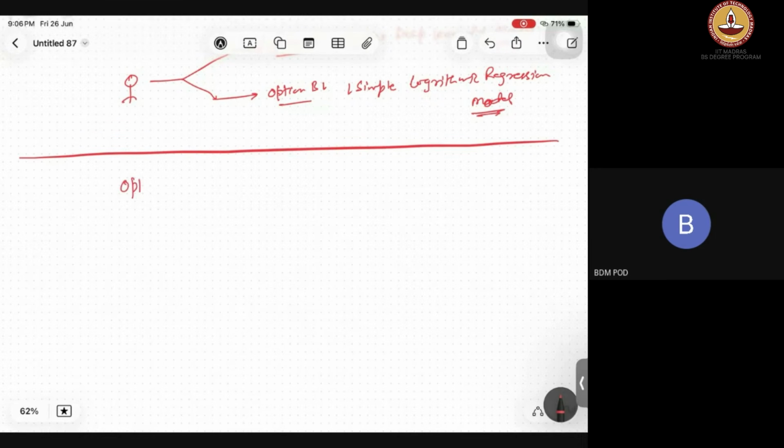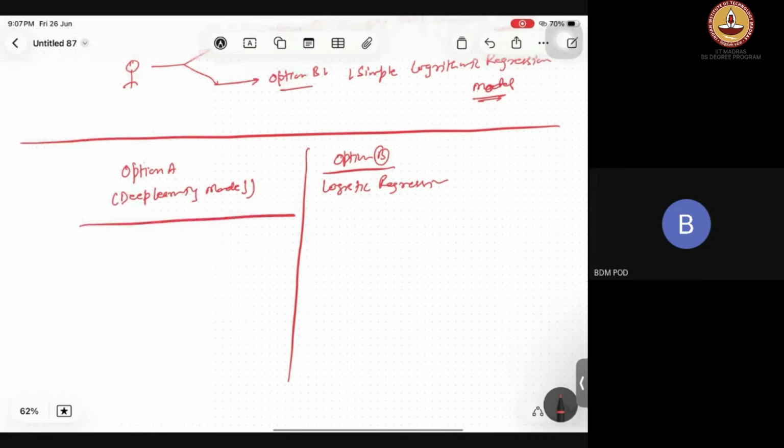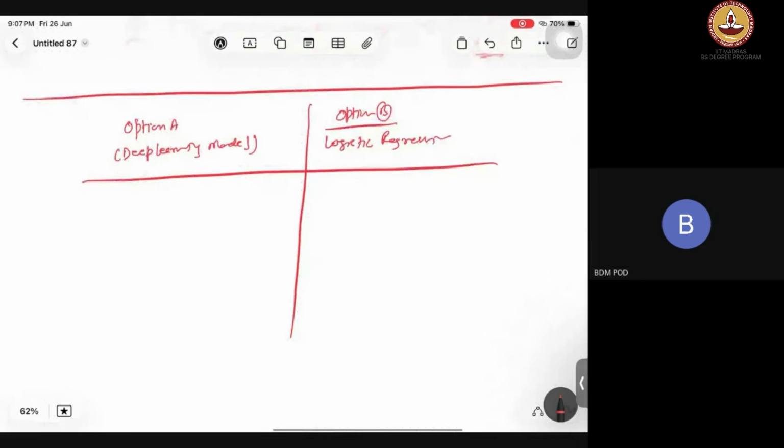This is my option A, the deep learning model, and this is my option B, which is basically a logistic regression model. So these are the two options they have. Now they need to analyze this.